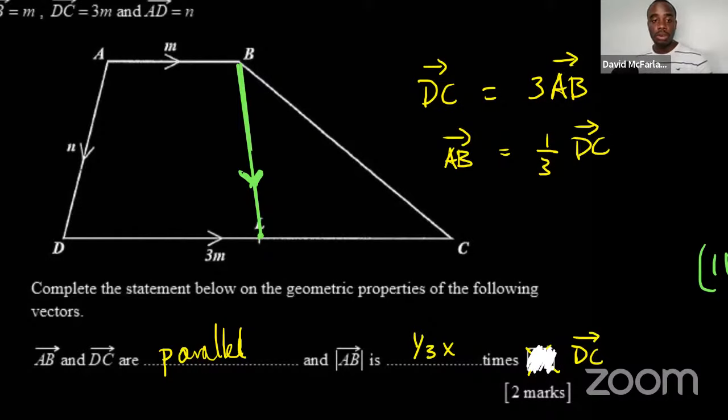We could go this way from B to C and then C to L. Everybody seeing that? So to get from B to L, we could go from B to C and then C to L. That's one way that we could travel.